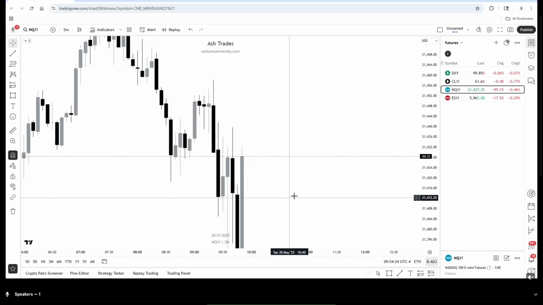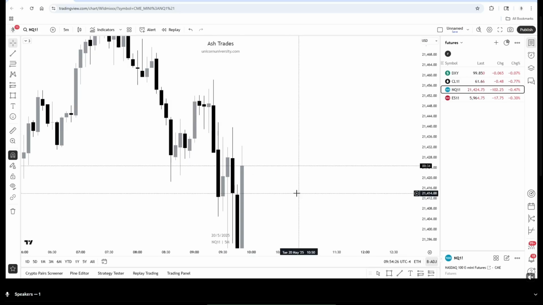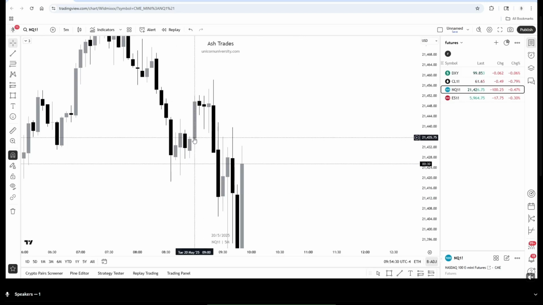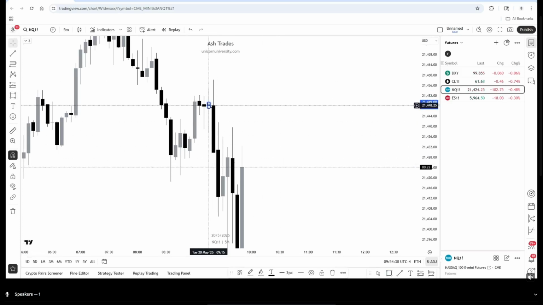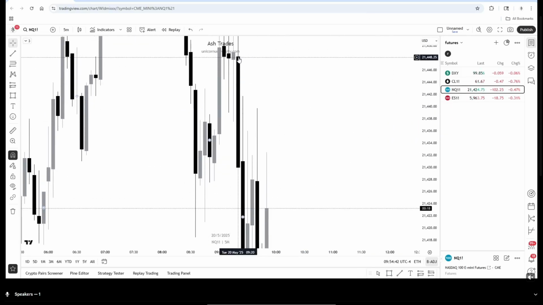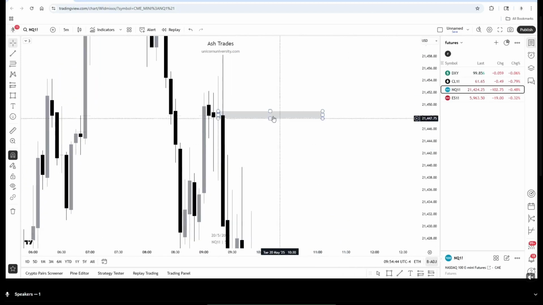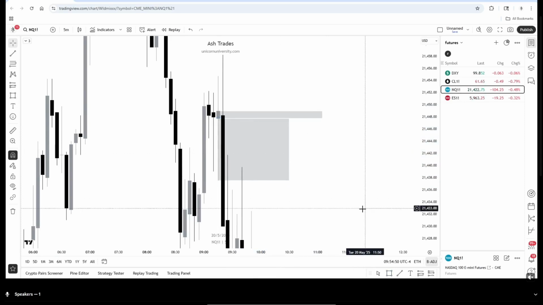The second reason is weighing the bodies versus the wicks. Notice how the body of this candle is the majority of the candle versus the wick. Look at this body here, and compare that to this wick of the candle. Notice how the wick is the majority.